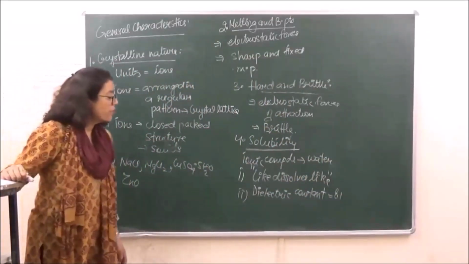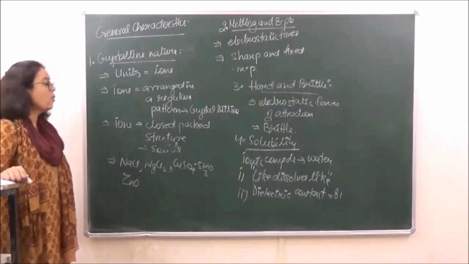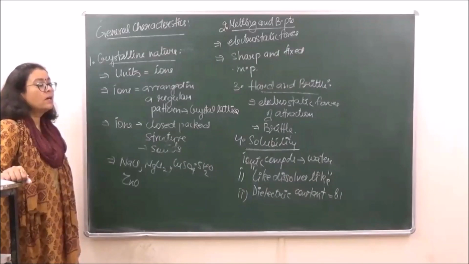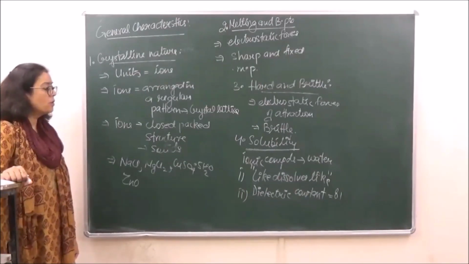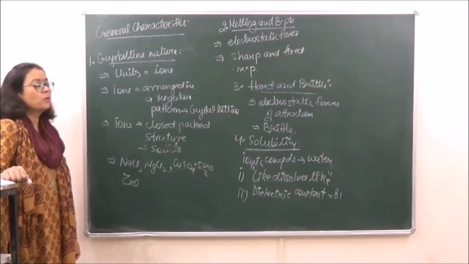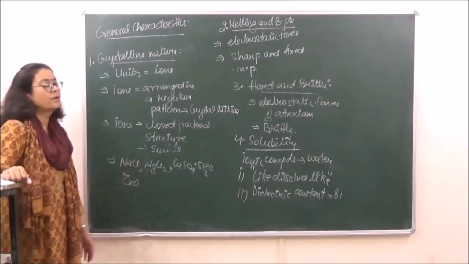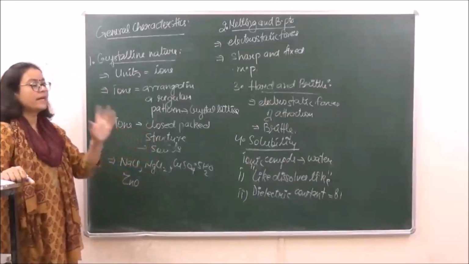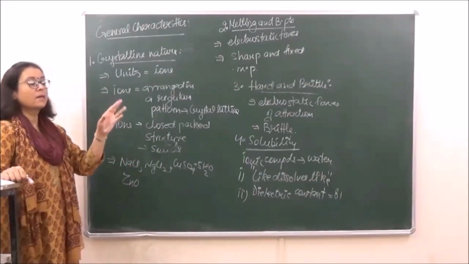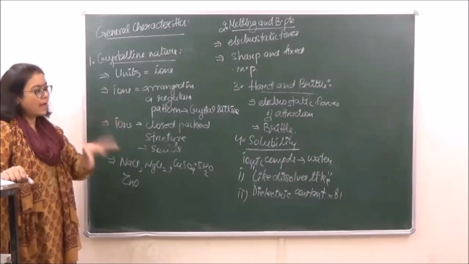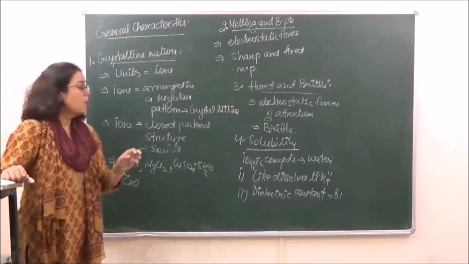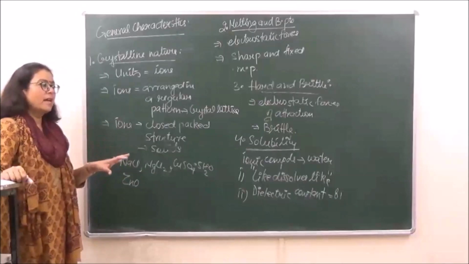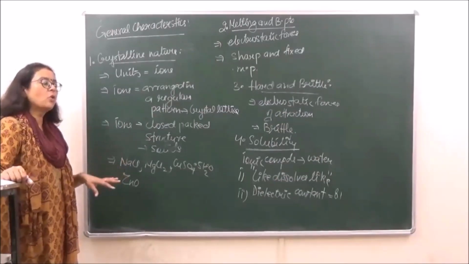As a result, water has the capability to break the bonds of the ions. How does a compound become soluble in water or any other solvent? The solvent has a tendency to break the bonds between the ions of the crystal. Once those bonds are broken, the ions are free, and as a result they get solvated.